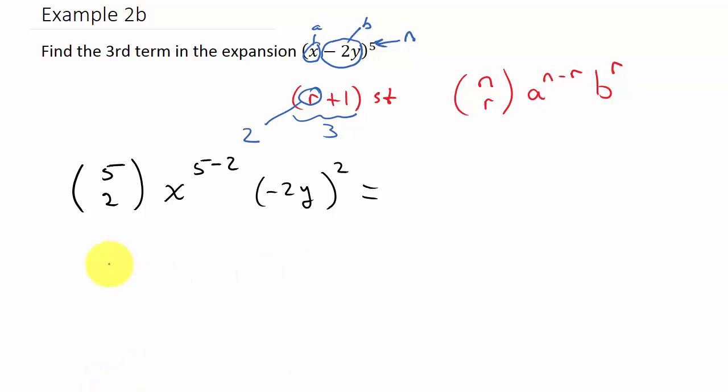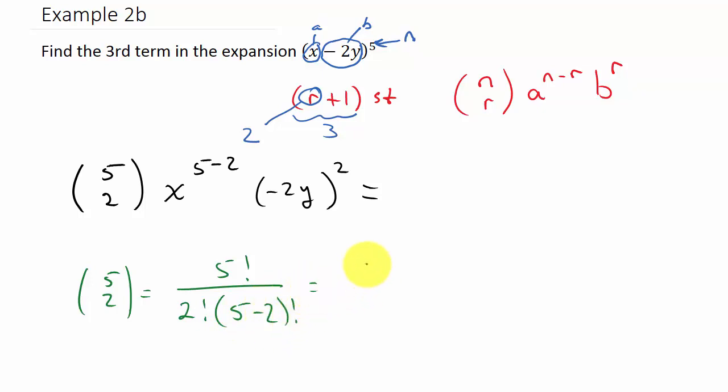So I've got combination 5 choose 2. Remember that's n factorial over r factorial times n minus r factorial. So that's 5 factorial over 2 factorial times 3 factorial. Now we need to simplify. This is 5 times 4, and then remember it's times 3 times 2 times 1.